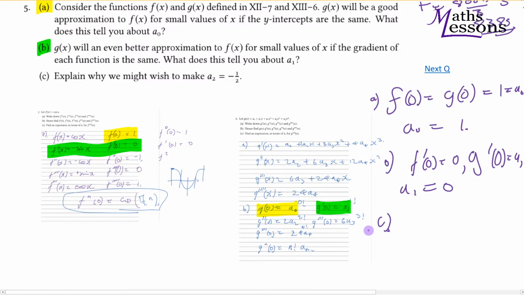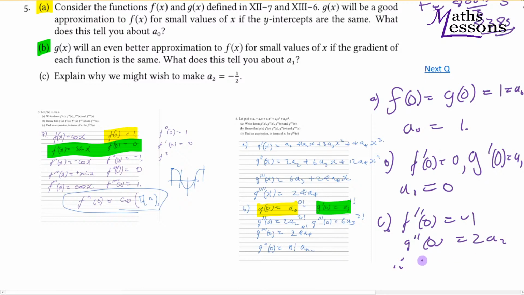And so for a2, we're going to try and find out what the second derivative gives us. So f double dashed of x, in this case the cos function, is minus cos x. Find f double dashed of naught, we get minus 1. And g double dashed of naught was equal to 2a2.